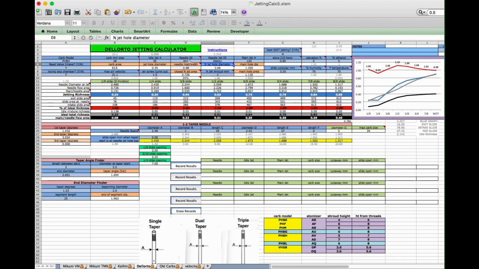Okay, I'm going to put a different needle in it. X48. And the data for X48 on my website is 2.47 shaft diameter. The tip diameter is 1.8.